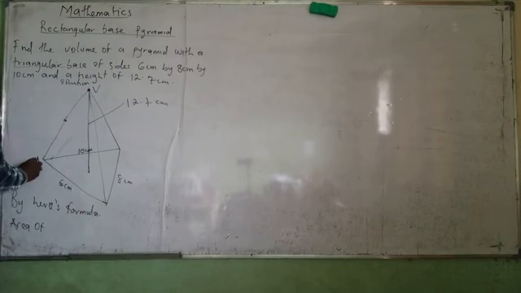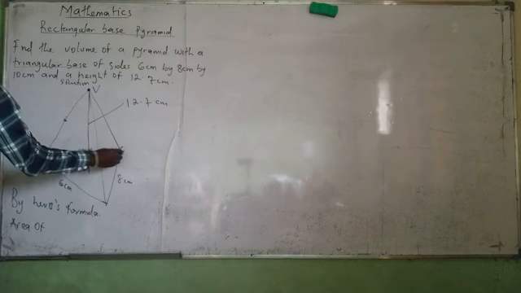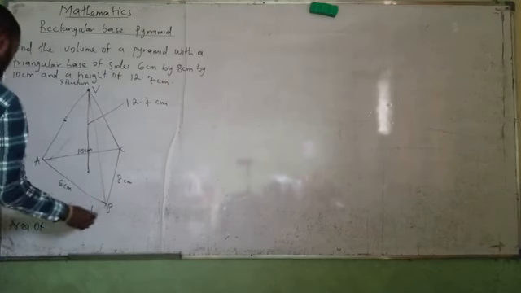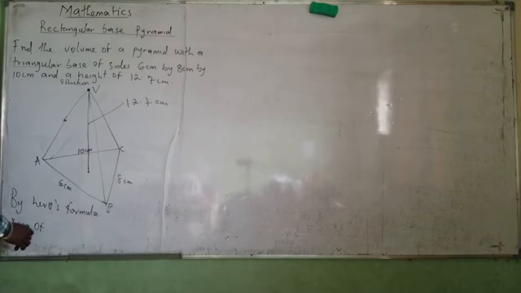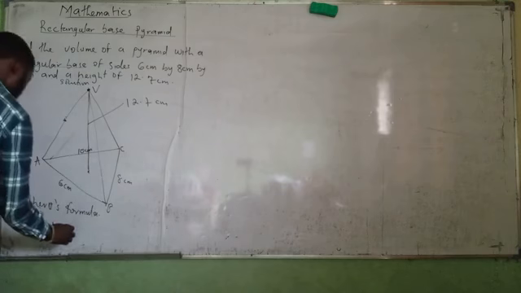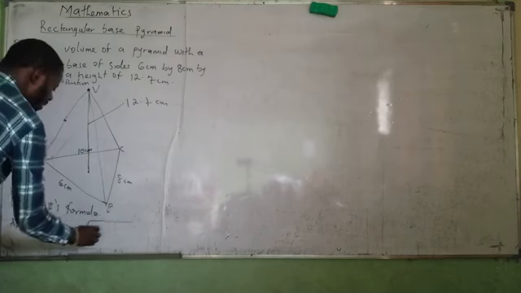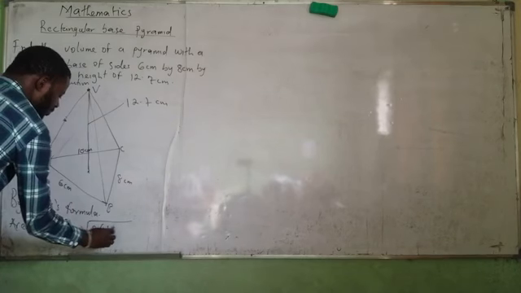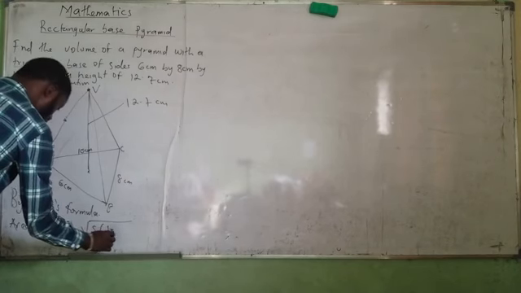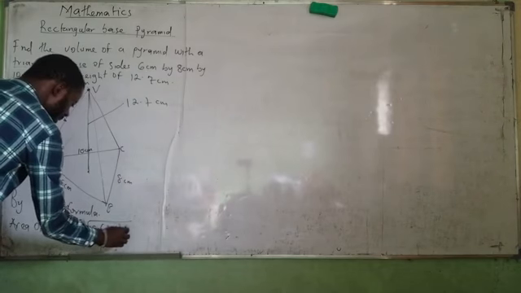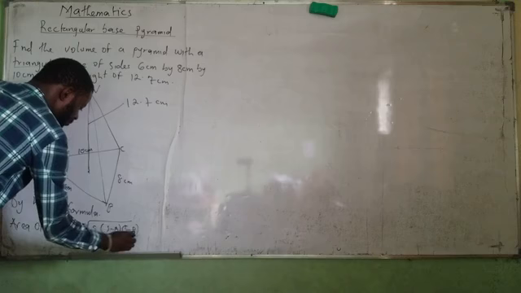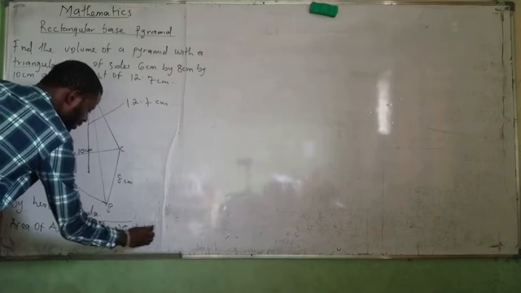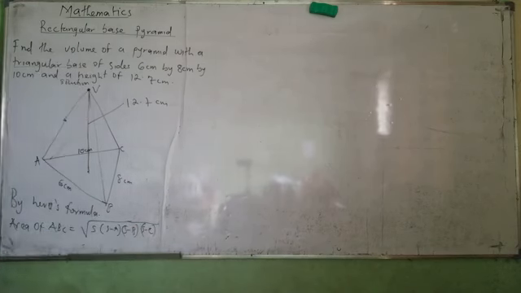I call this place A, I call this place B, and I call this place C. Now, in triangle ABC, area of triangle ABC will be equal to root of s bracket of s minus a, s minus b, s minus c. That is Heron's formula.